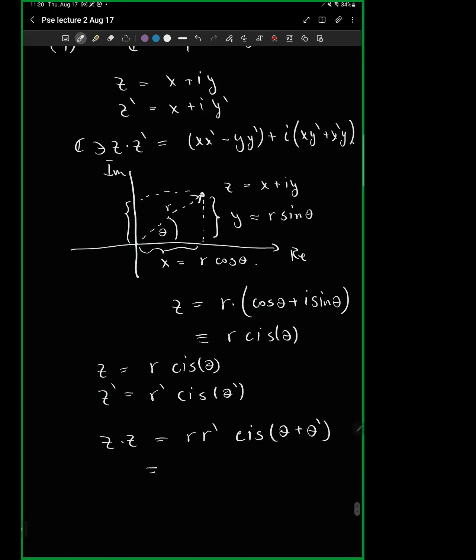So in slightly more expanded writing, this is r r prime times cosinus of theta plus theta prime plus i sinus of theta plus theta prime.